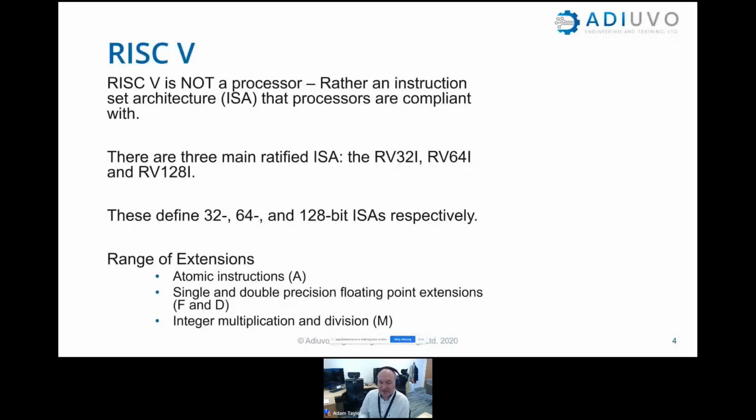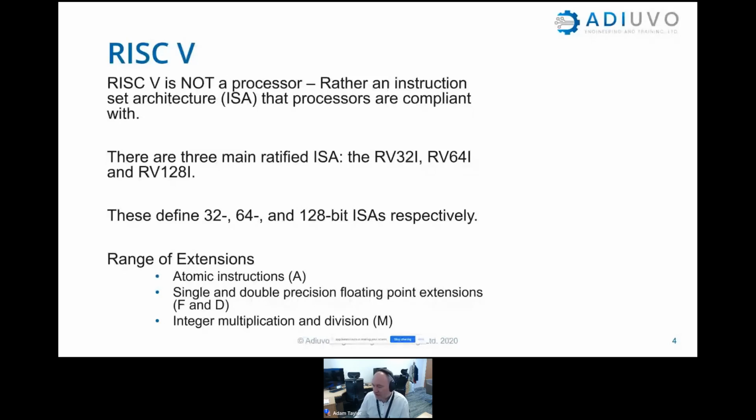These are respectively 32, 64, and 128-bit. We're going to be working with a microcontroller class RISC-V, which is what the Nios 5 is, and that's going to be in the RV32 area.